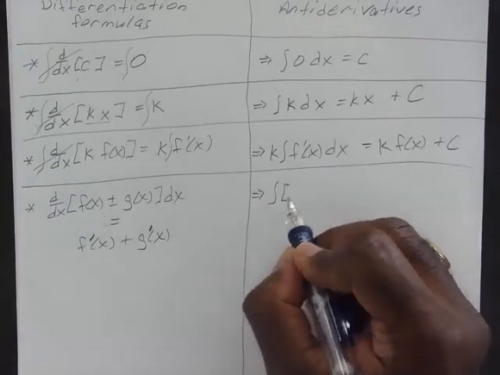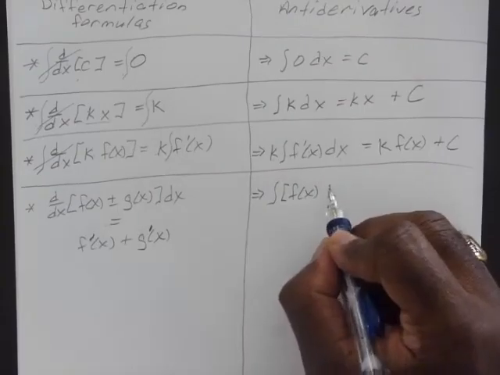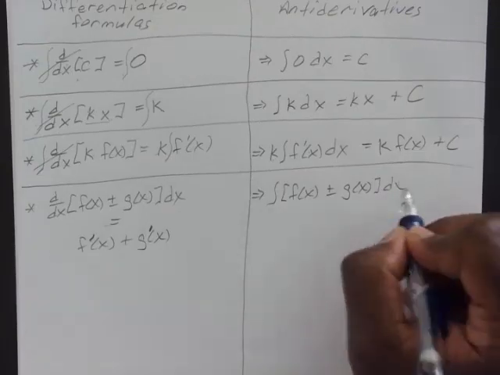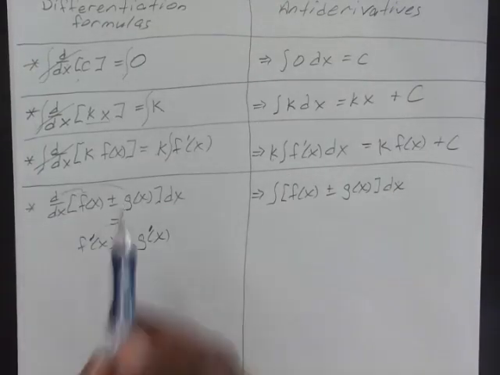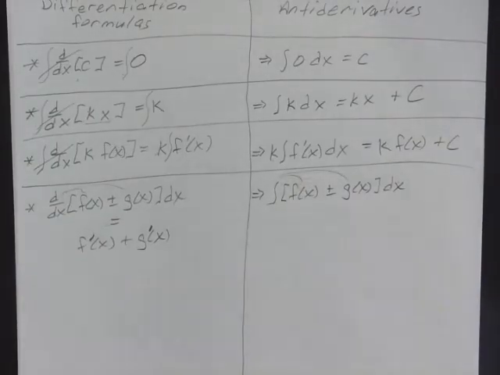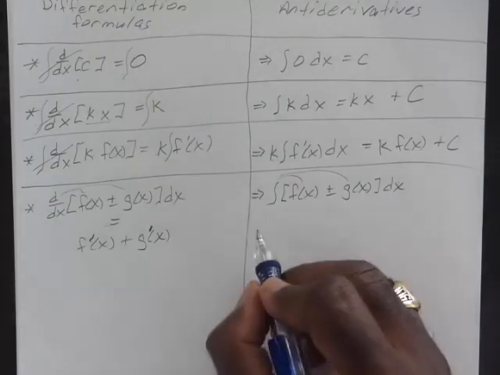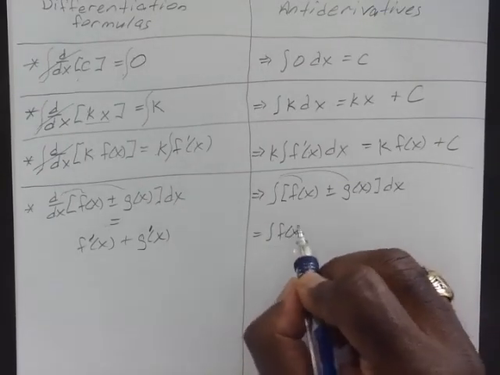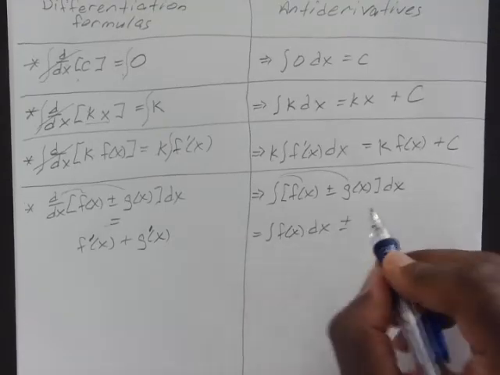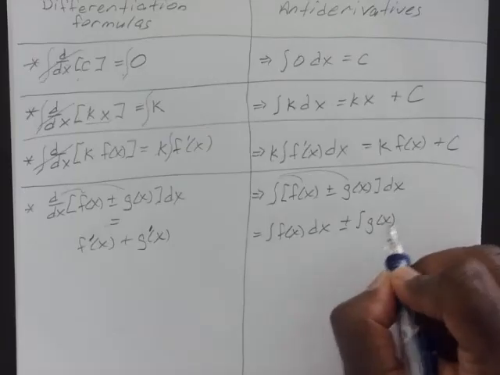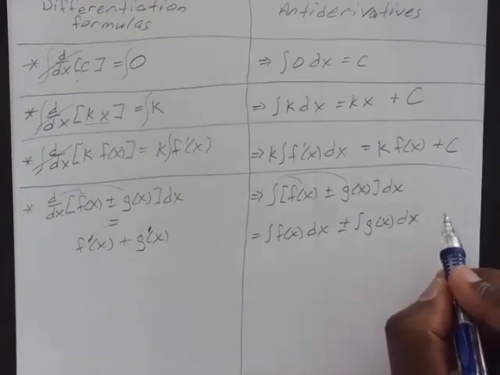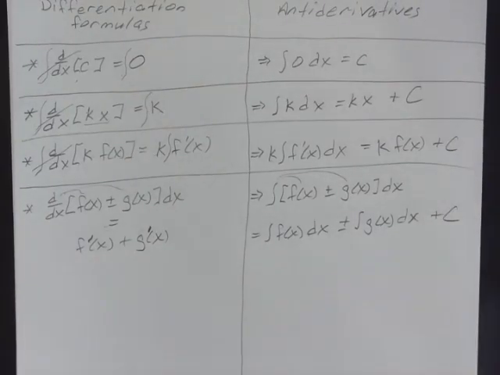The antiderivative of f of x plus or minus g of x with respect to x, same way you just distribute the derivative, you can just distribute the antiderivative. So that's equal to the antiderivative of f of x with respect to x plus or minus the antiderivative of g of x with respect to x. And you'd have a plus C for this one, a plus C for this one, so you just combine them and have your own constant. So you can kind of put the constant at the end.